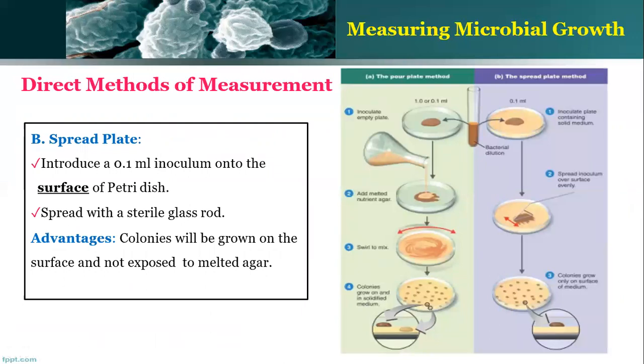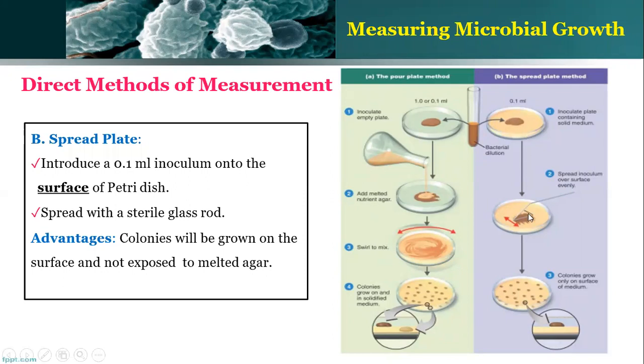The next one is the spread plate method. In the spread plate method, the serially diluted inoculum is added on the surface of the Petri plate containing the medium. The medium has been poured in the Petri plate, and after solidification of the medium, 0.1 ml of the serially diluted bacterial suspension is added.